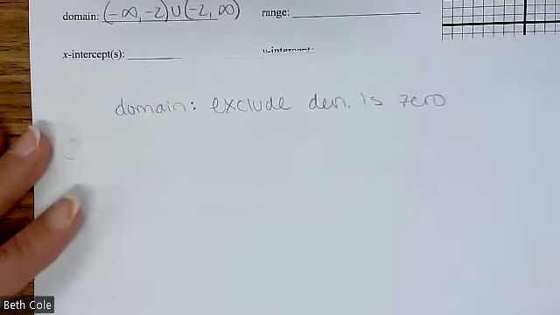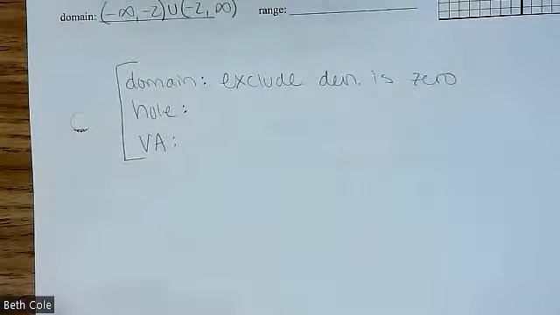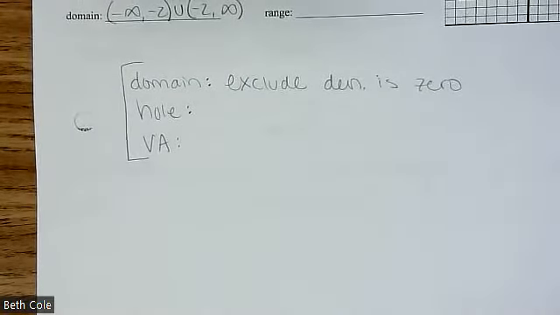Now, after the domain, and this is my suggestion, you can take it or leave it. After the domain, I would do the hole and the vertical asymptote, because those three things all kind of go together. Whatever values you have excluded from the domain, like once those troublemakers have been kicked out, it's like you've excommunicated them. You're like, booted them out, they're gone. There's only 2 career paths available to them.